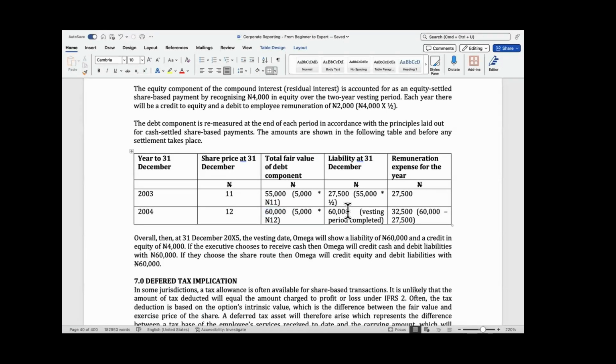So the liability value at the end of the second year is 60,000, which is the vesting period. However, what goes to P&L is just the increment, which is 60,000 minus 27,500, and that's 32,500. Just like we have always done. So nothing has changed here.